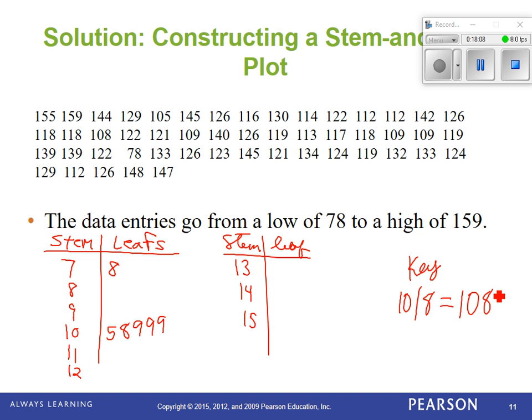Then we go to those and we got 2, 2, 2, 3, 4, 6, 7, 3 8s, 3 9s.